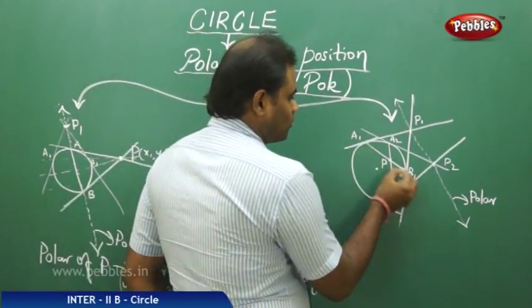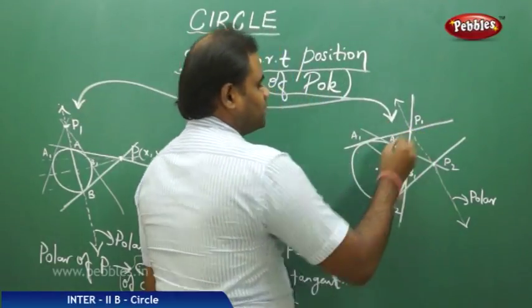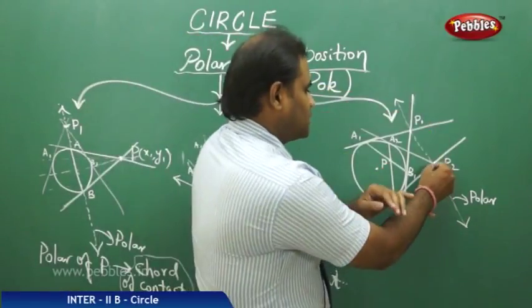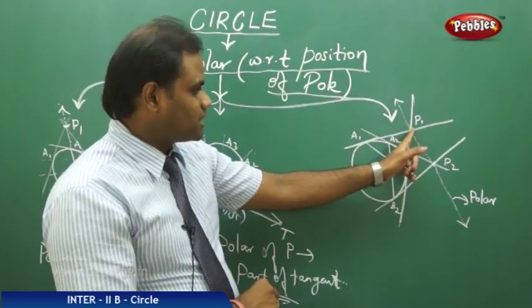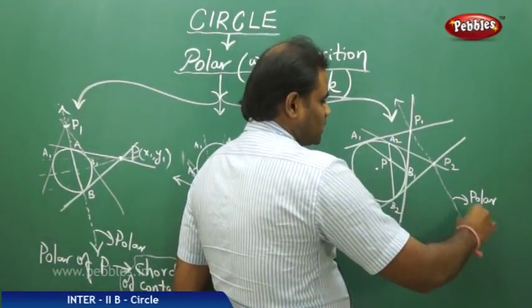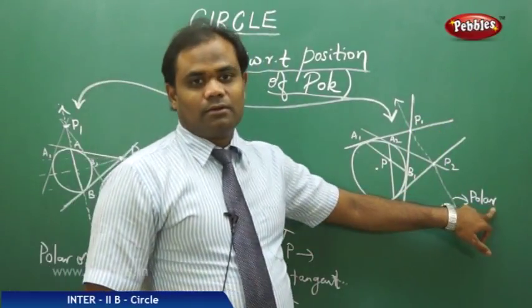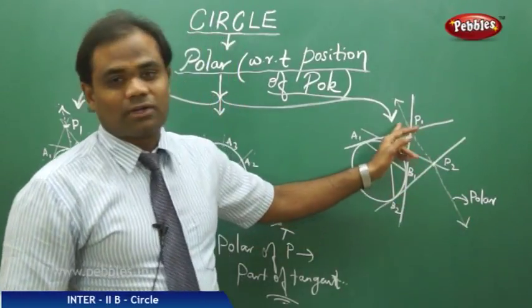So for this chord A1B1, this is the point of intersection P1, and for this chord A2B2, the pair of tangents intersect at P2, which gives us the locus where each of the points of intersection, or any other chord, passes through the line, which is the locus, that is the polar. So clearly I can see that when P lies inside, the polar does not cut the circle.